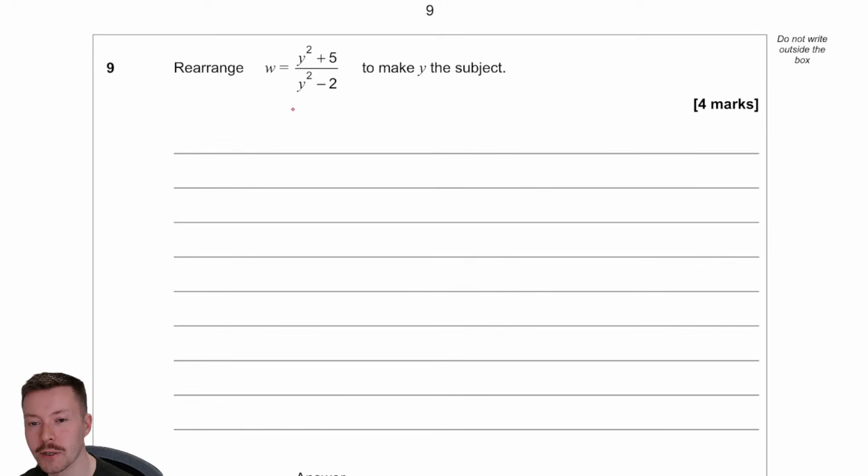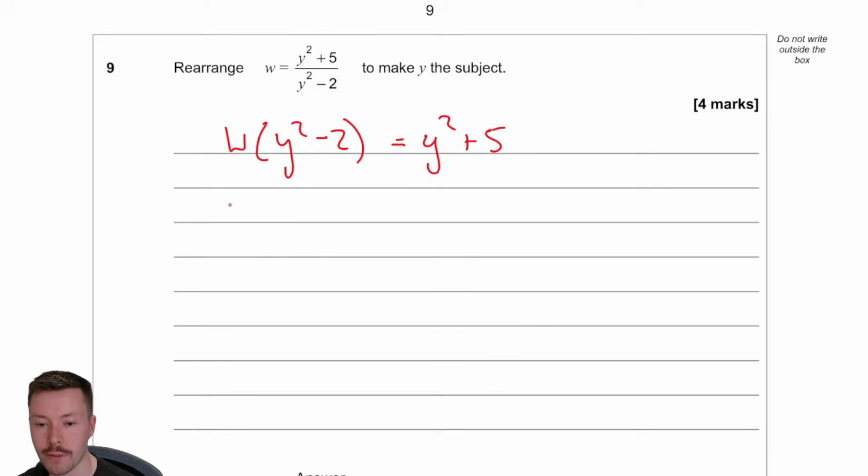So we're going to multiply by the denominator. So w y squared minus 2 equals y squared plus 5. So expand that, we get wy squared minus 2w equals y squared plus 5.